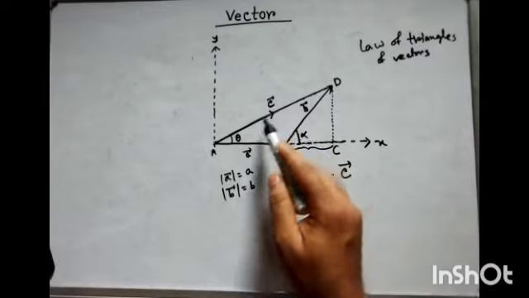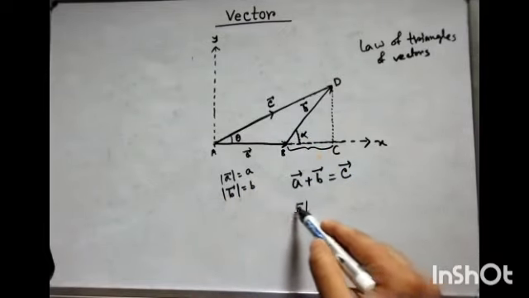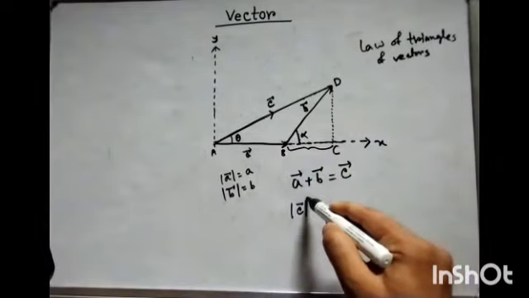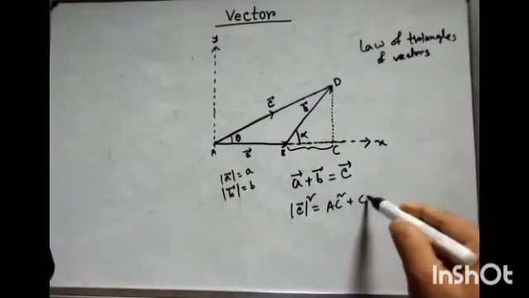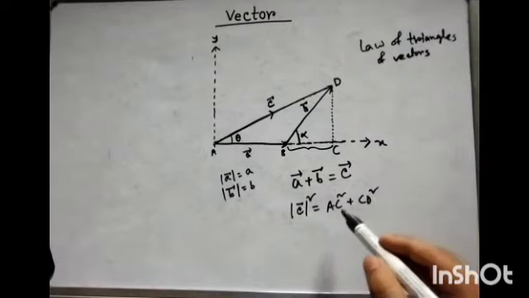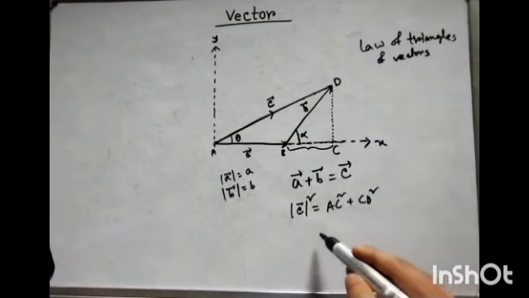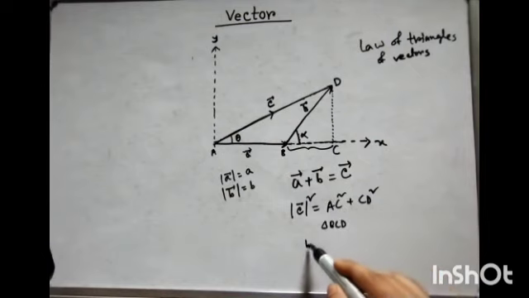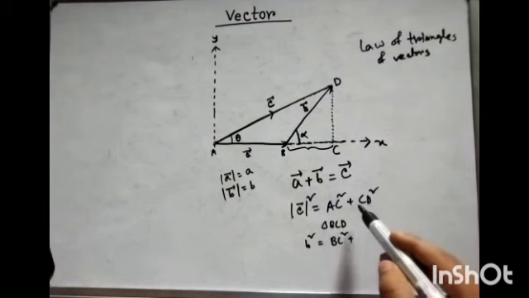From Pythagoras theorem we know that the magnitude of C vector squared will be AC square plus CD square. And again from triangle BCD, we know that B vector's magnitude is B, so B square will be equal to BC square plus CD square.